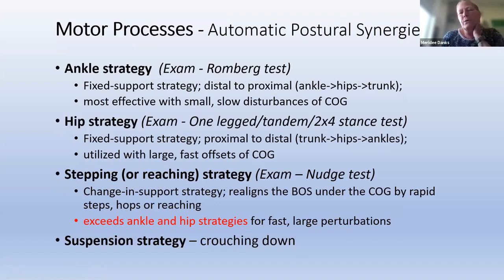So the other part of it, besides sensory, we have to look at the motor, the efferent part of it. And we can look at different strategies that you have.